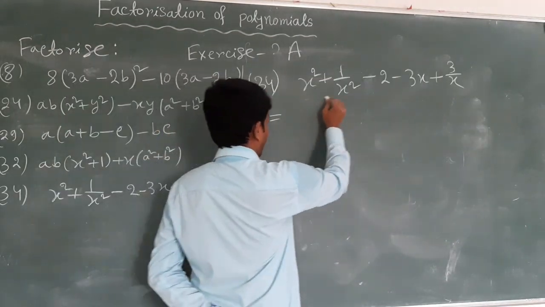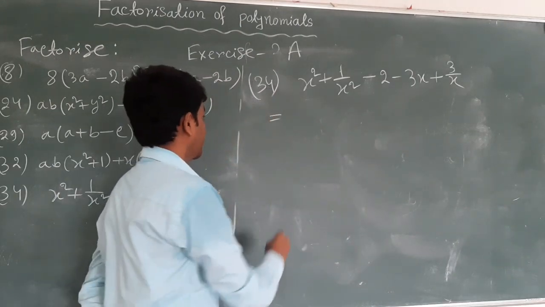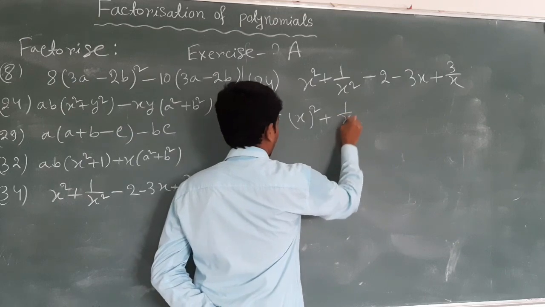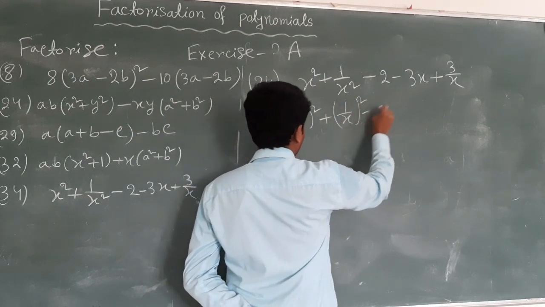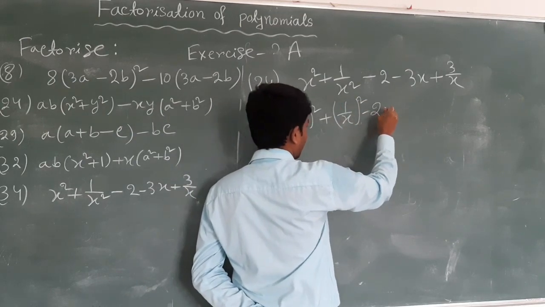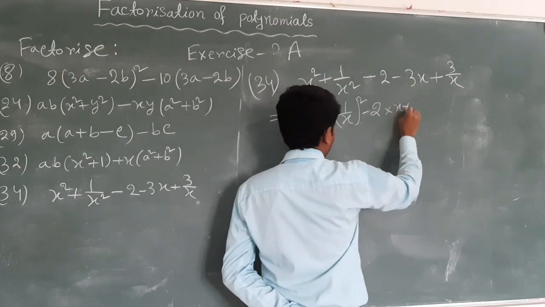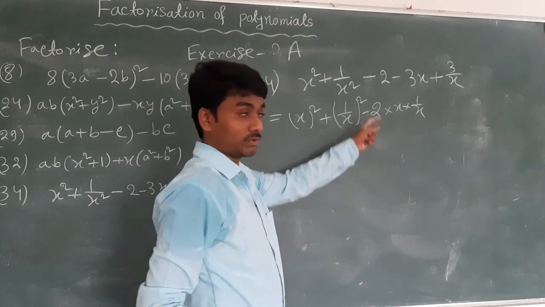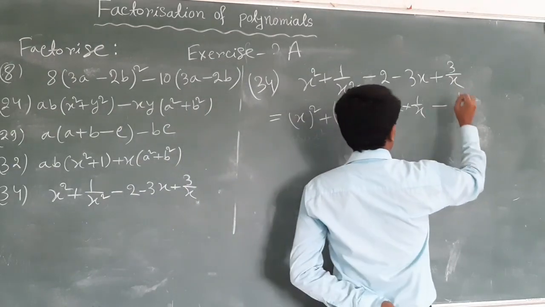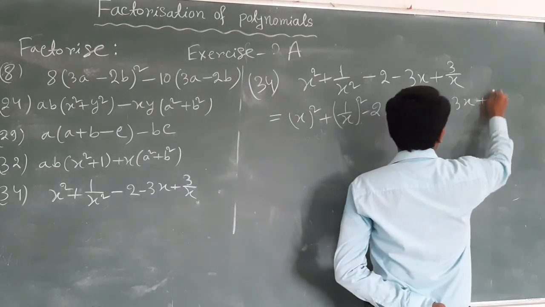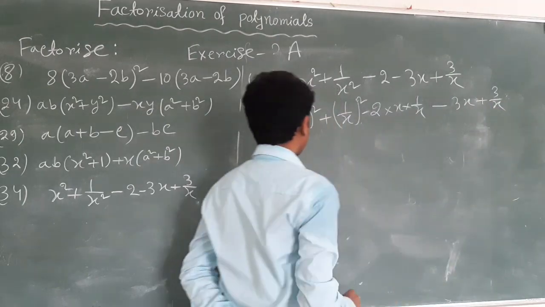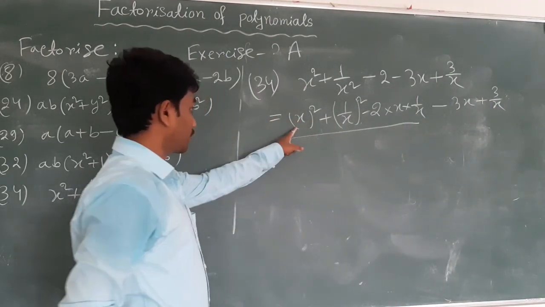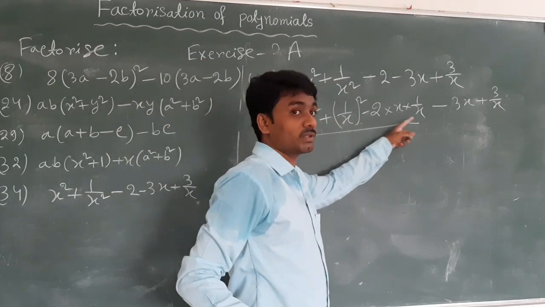Then write the first three terms as x square plus 1 upon x square minus 2, which can be written as 2 into x into 1 by x, then we get minus 2, minus ax plus b upon x. So this is in the form of a square plus b square minus 2ab.